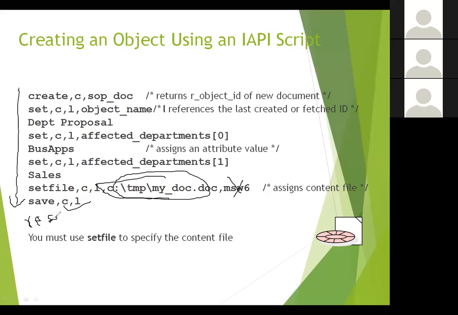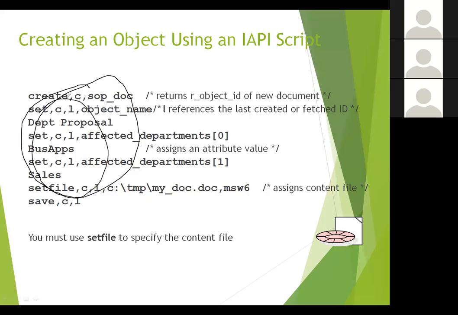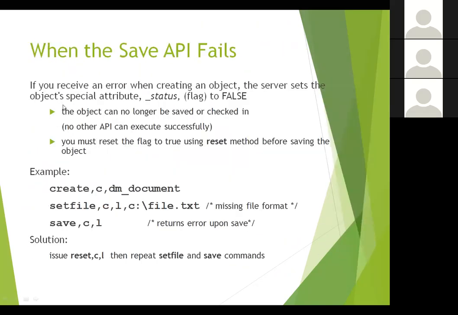There is a reset command as well. Reset comma c comma l. It will reset the above commands, I mean, reset the status of this whole command. For example, if you look at this, we executed this command, and while saving it started giving an error, right?